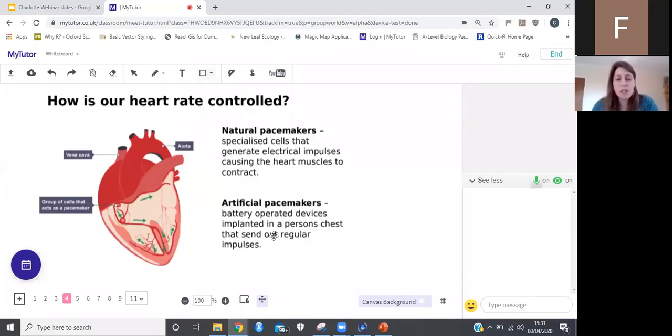And in an artificial pacemaker, they do have kind of electrical fibers that are passed down veins in the heart and then cause that contraction with an electrical impulse, almost like an electric shock to those muscles that makes them contract.